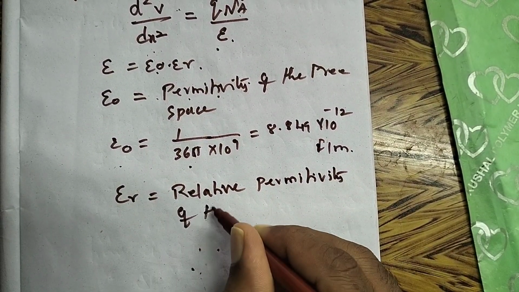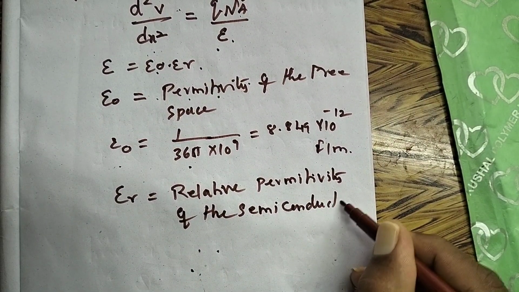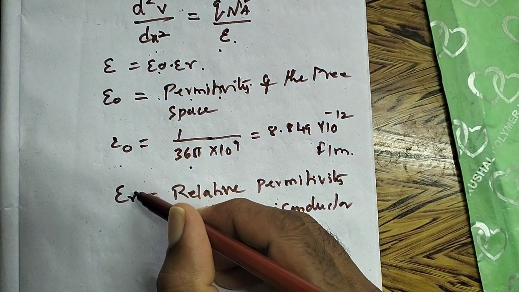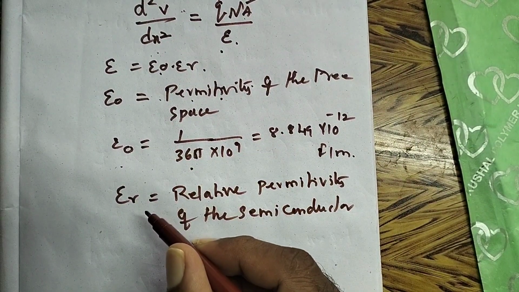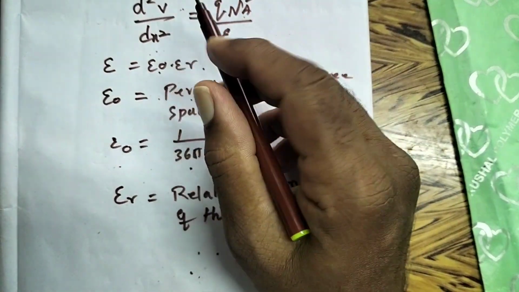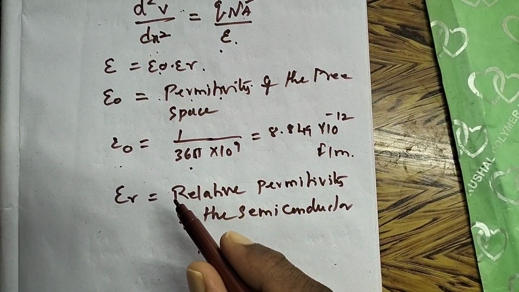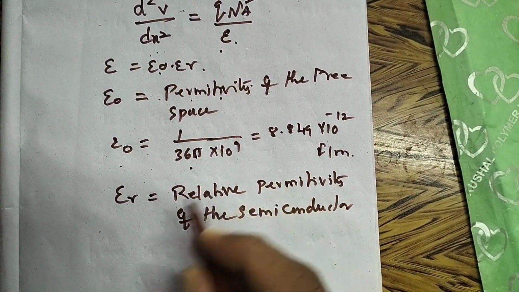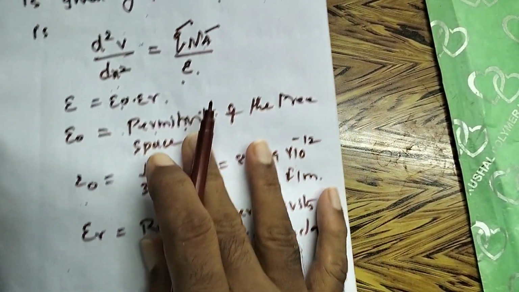Generally we take these values when we go for the derivation, so that we can find the value of the transition capacitance across the junction, that is, the change in charge with respect to the change in voltage in the semiconductor PN junction diode. So we have to use these equations.